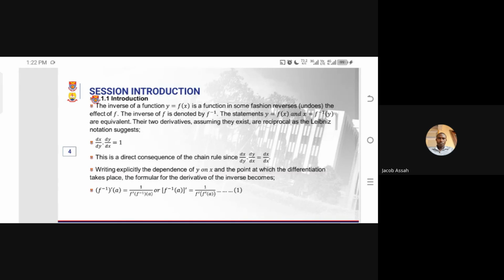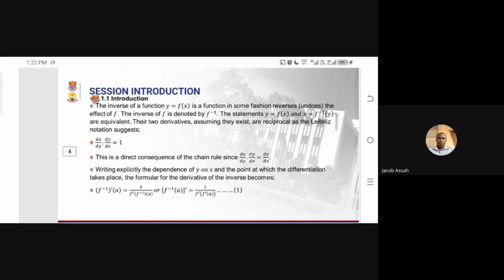The inverse of f is denoted by f inverse. The statements y equals f of x and x equals f inverse of y are equivalent. And we made mention that their graphs are what? Identical. Their two derivatives, assuming they exist, are reciprocal, as the Leibniz notation suggests.